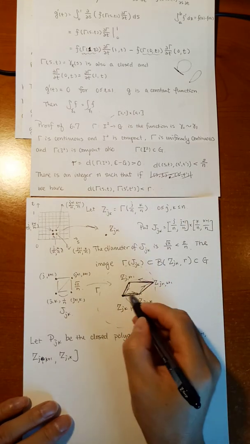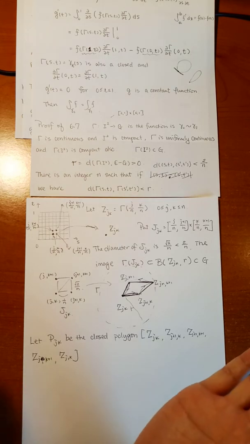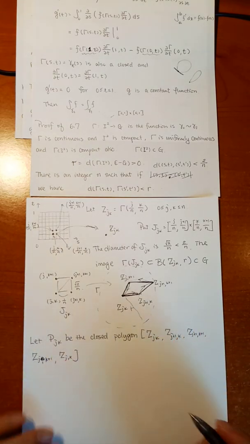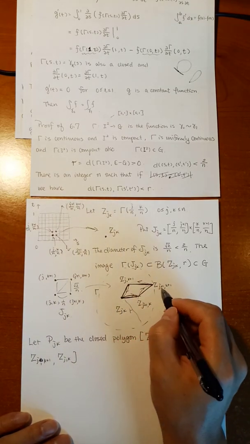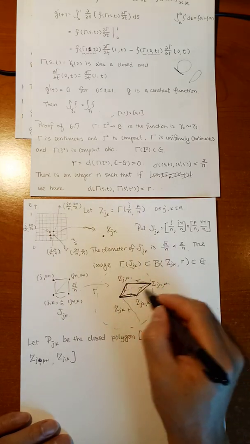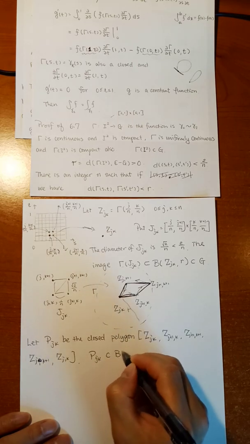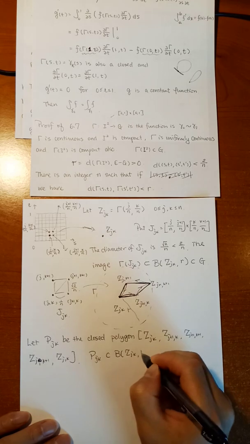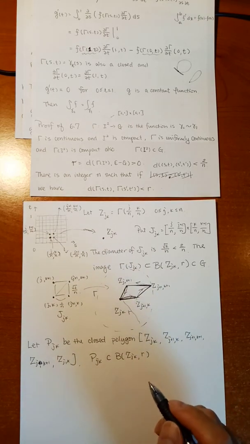So it's not the original curve, it's a polygon. The original curve is really curved, but the polygon is a bunch of segments. And we know that zjk, zj plus 1 k, zj plus 1 k plus 1, zj k plus 1 are all inside the disk. So this polygon is also contained in the ball B(zjk, r), because this is a convex set.